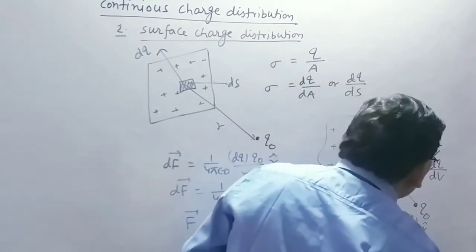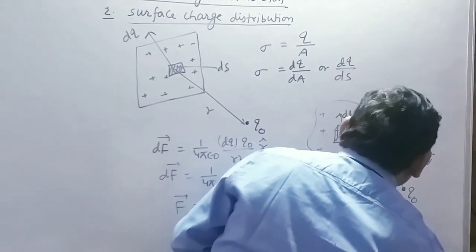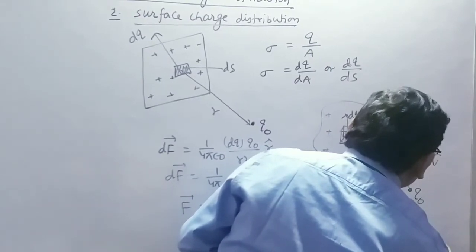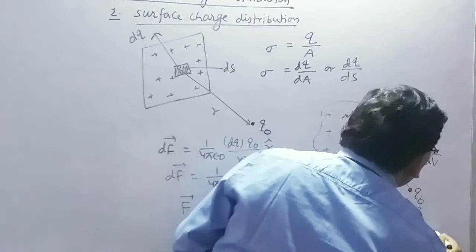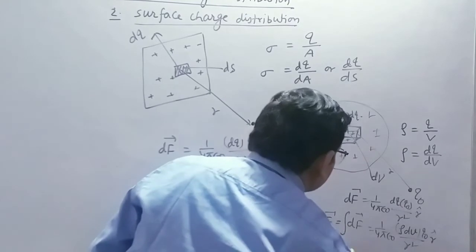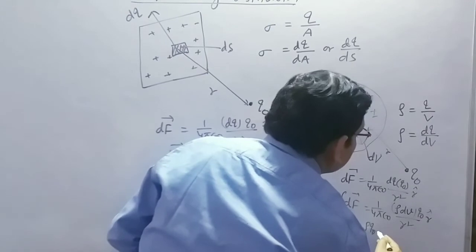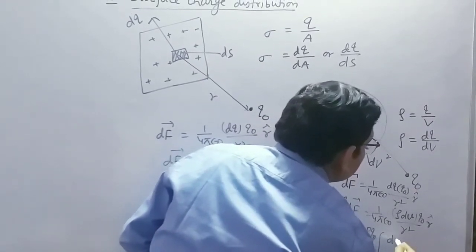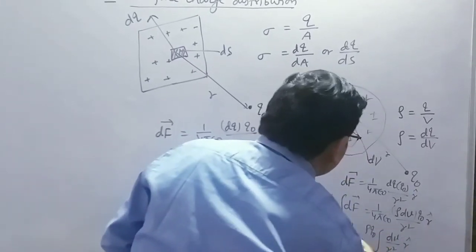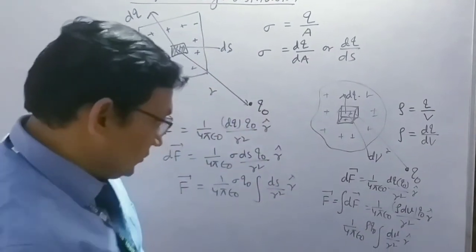One can also write dq is equal to rho dV. So finally, 1 by 4 pi epsilon rho q naught, integration of dV by r square, unit vector r. That is the required expression.